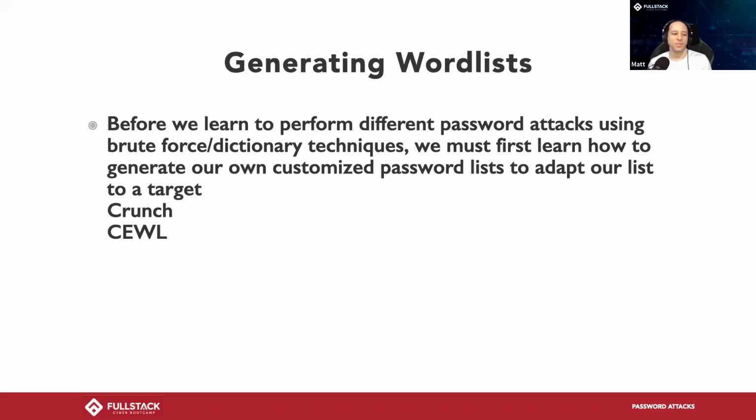For example, you could use Crunch to scan a website for words of a particular length, get the whole list of those words, and then use Cool to do things like add 1 or 2 digits at the end of the number, or do some kind of simple replacement of O's to zeros or something like that. But the world is your oyster.